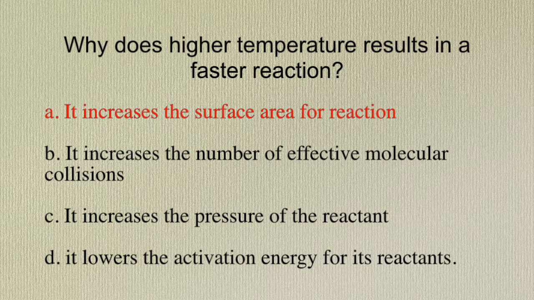The correct answer is B, because temperature affects the rate of the reaction: as temperature increases, so does kinetic energy. This means that molecules are moving rapidly, resulting in more collisions, thus it increases the rate of product formation.